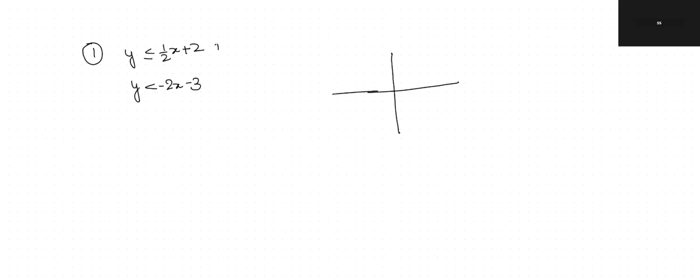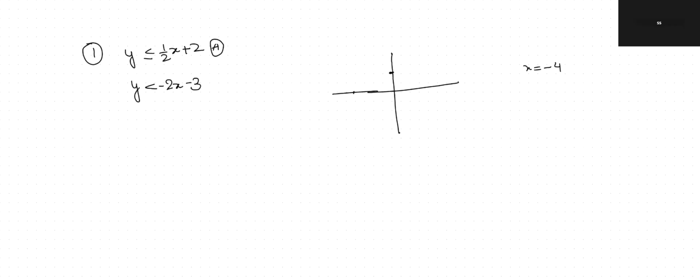Or we can say A. So when x is 0, it will be 2. So this is first point. And then we can put x as -4. Okay, so when x will be -4, it will be 0.